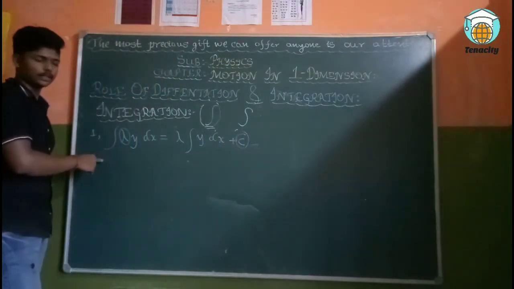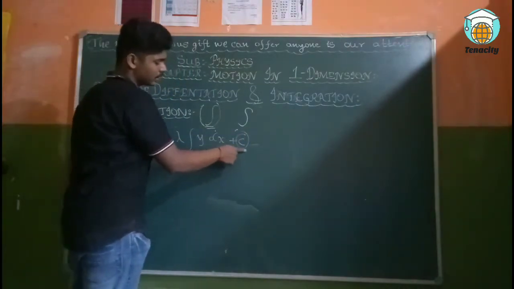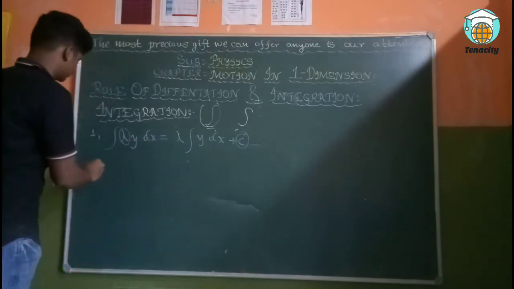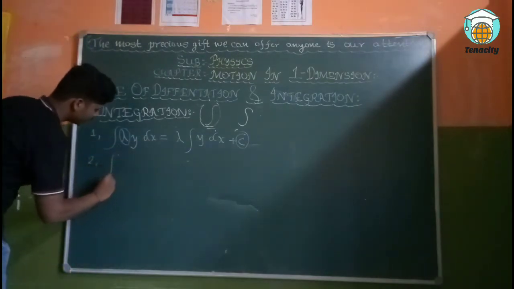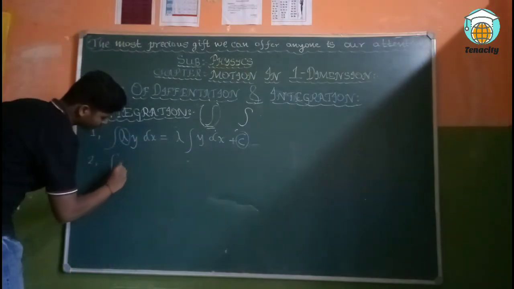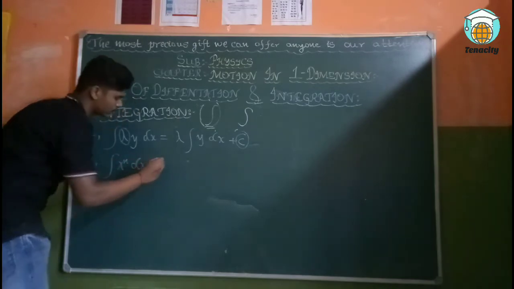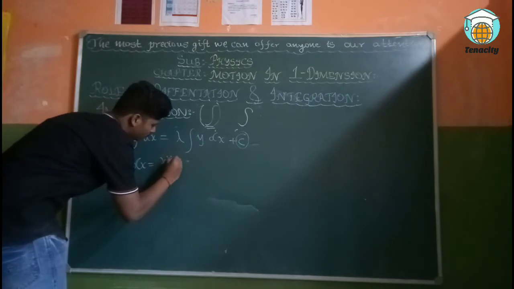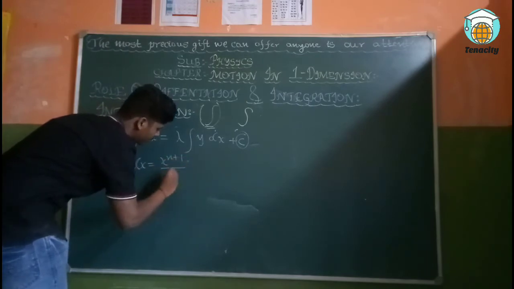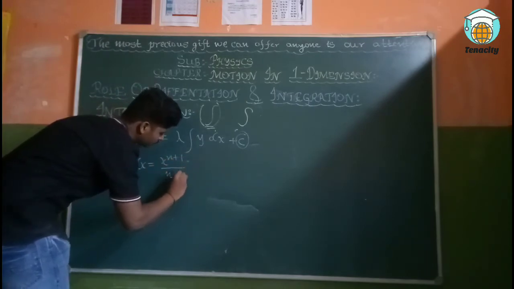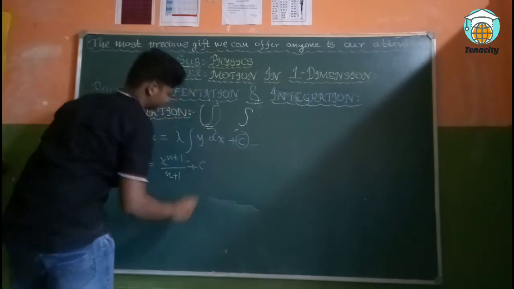They have not given intervals, so I am writing the constant. Integration of x power n dx is equal to x power n plus 1 by n plus 1 plus c.